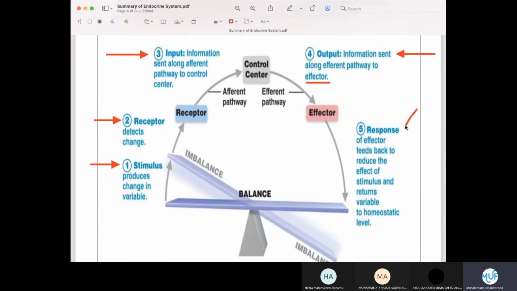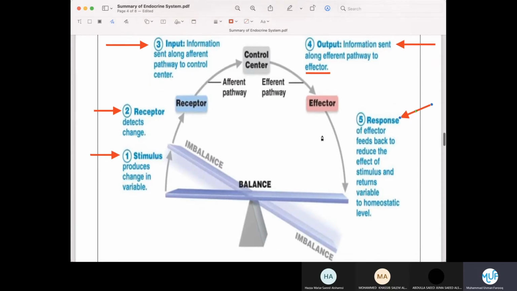The effectors show a response, and either you move away from the stimulus, or you go towards it. But the ultimate aim is to bring the body conditions to balance. That is what we have to study.